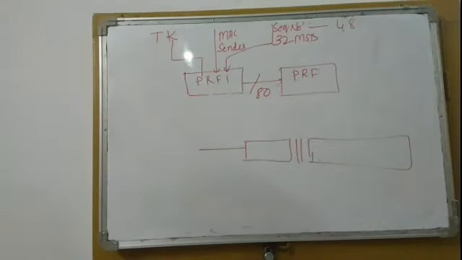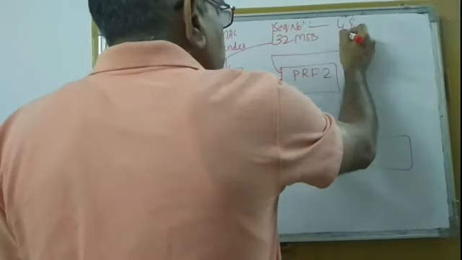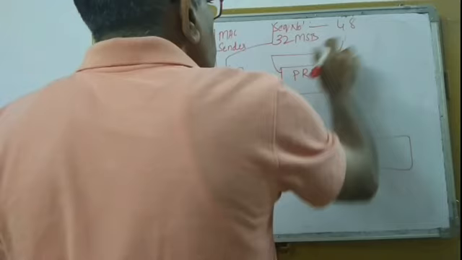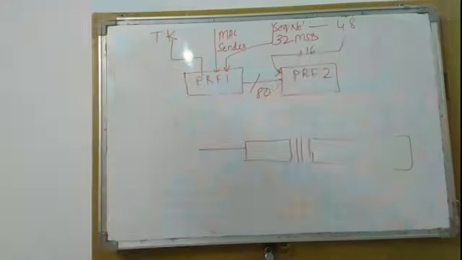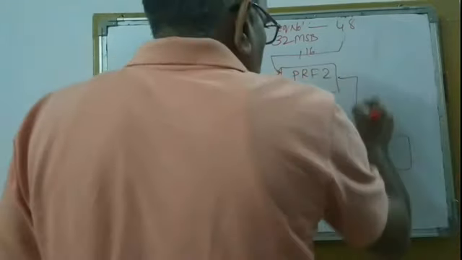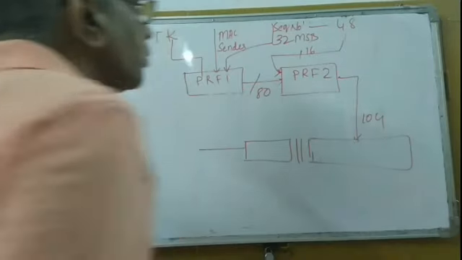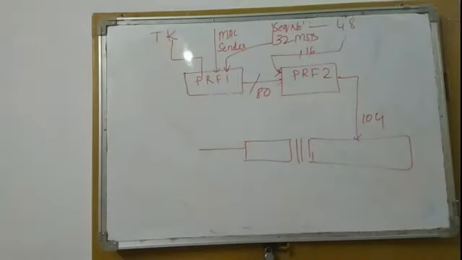This will be one input to your PRF2, and the remaining 16 bits of these 48 bits will be used as another input to it. These 16 bits and these 80 bits together are going to generate a 104-bit output. This 104-bit output is going to be a part of our RC4 per-frame key. So 104 bits, and the remaining 24 bits will be obtained from the sequence number.